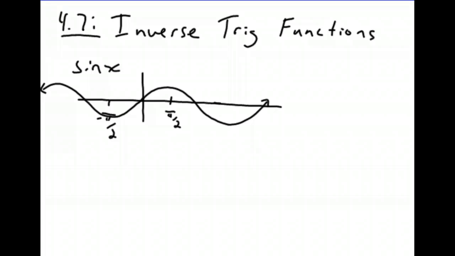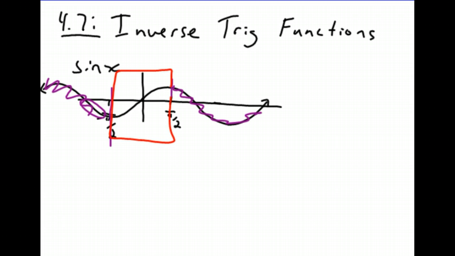But if I cut my function from where it starts repeating and ignore all this other stuff, then I won't have this part to contend with. The only part of my graph that I'm actually looking at is that part right there, so I can run a horizontal line through that entire part and make an inverse function with it.